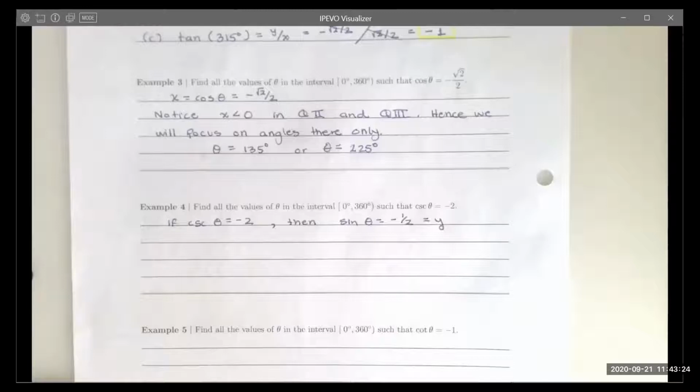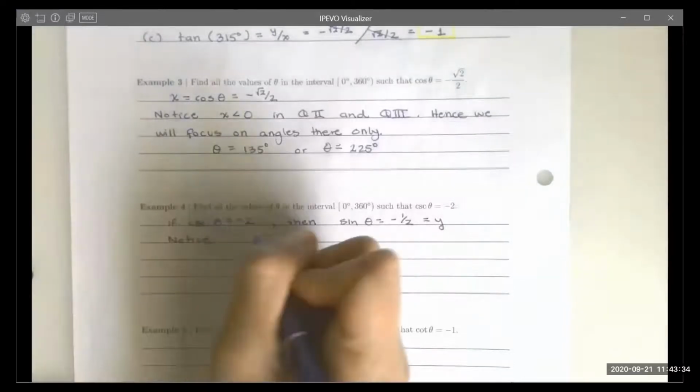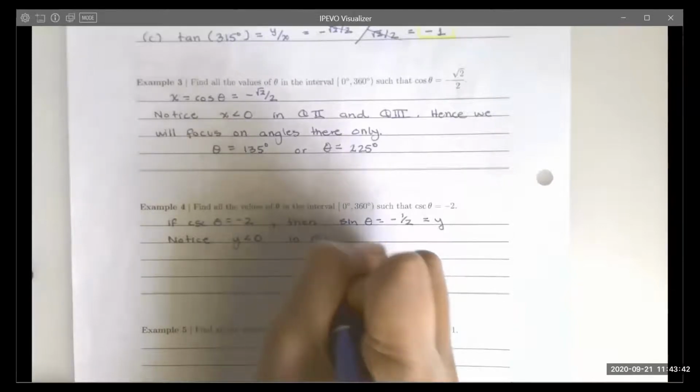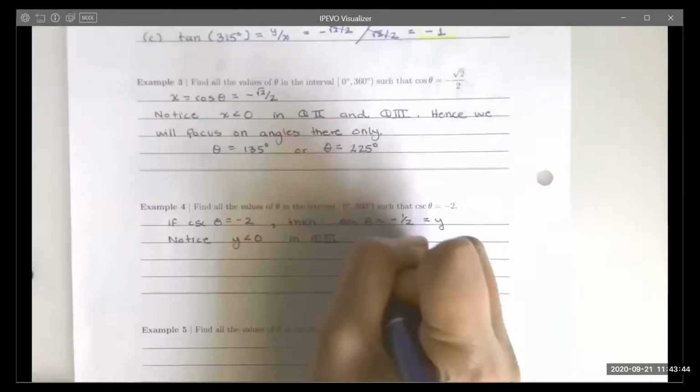Now if y is negative 1/2, we have to think about where is y negative, in which quadrant, so that we don't have to go through and visit every single point. So notice that y is going to be negative in quadrant 3 and quadrant 4.